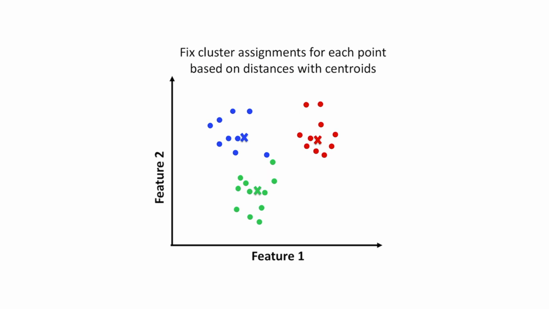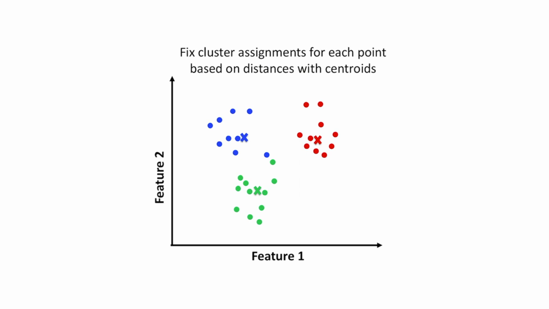That means for each of the points, it will assign a cluster ID. For example, if the cluster ID of the blue cluster is 1, then for each point in the blue region, the cluster assignment will be 1. For all the points in the red region, if red is considered cluster 2, then for all those points, the cluster assignment will be 2.